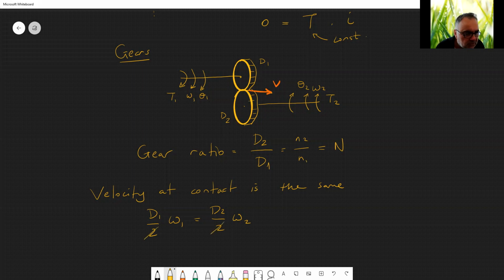So these 2's cancel: d1 omega 1 equals d2 omega 2. So omega 2 over omega 1 will be d1 over d2, which is 1 over n. Right?